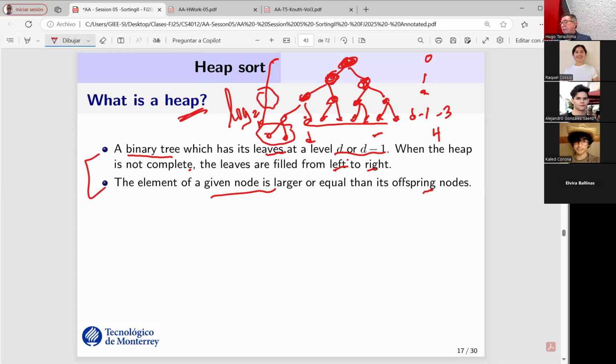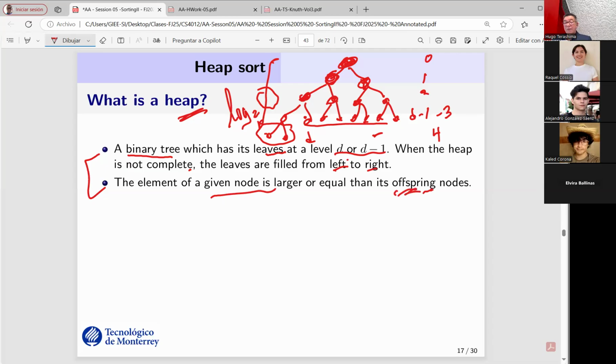A binary tree with leaves at level D or D minus 1, filling out from left to right if the number of leaves is not a power of 2, and then the condition of the values on the nodes. Always a node has a larger value than the offspring, right?